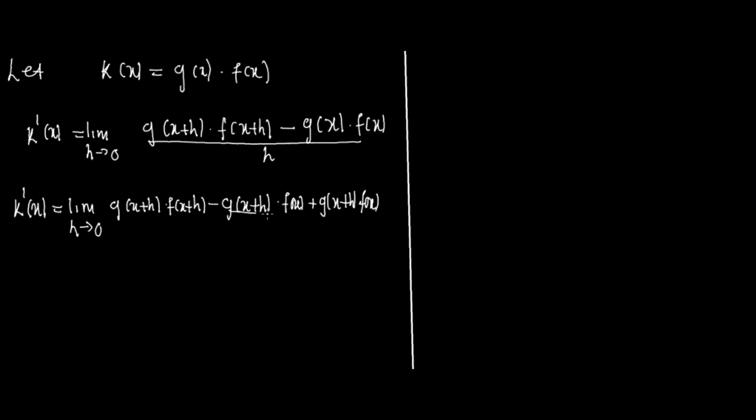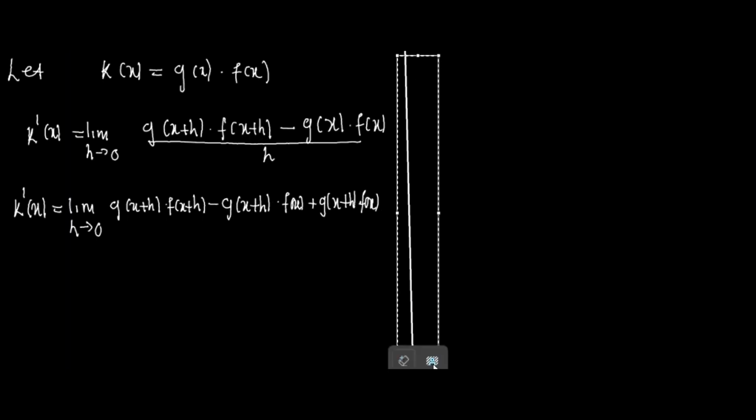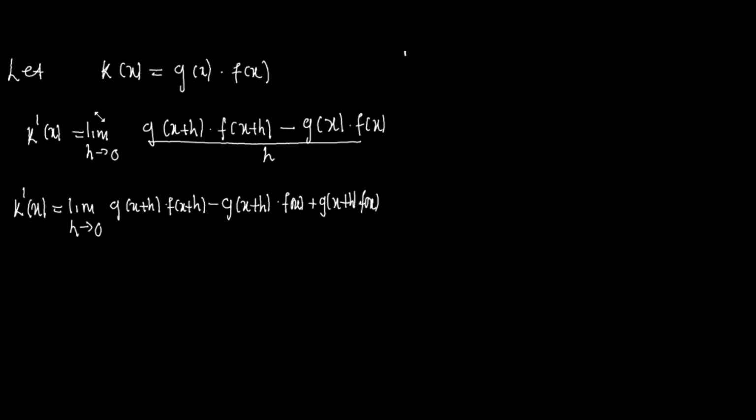When we add these two terms which are here, we'll get that this is 0. So let me just increase space for this proof. Then we minus g of x times f of x. Then we divide by h.